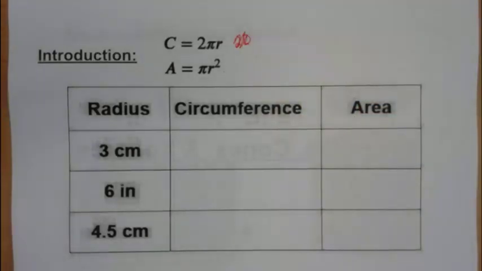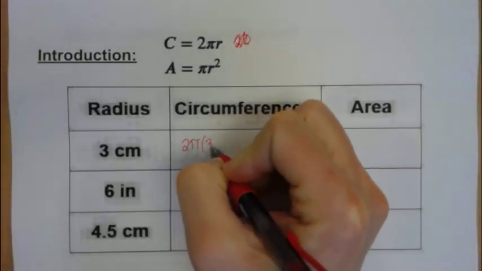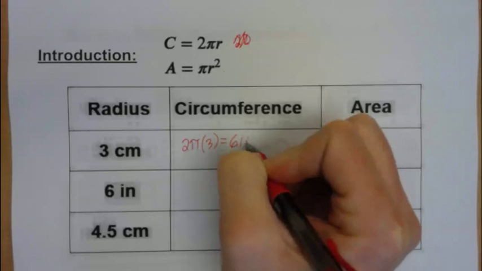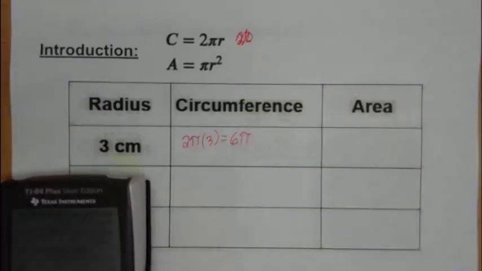So now if we try some of these examples, if our radius is 3, well, our circumference would be 2 pi times 3 or 6 pi. And so you can use your pi button on your calculator, or you can leave it as 6 pi, or you can make it into a decimal using 3.14.